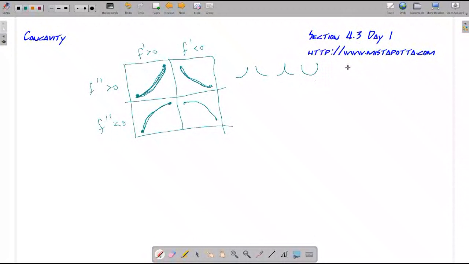And so we call this concave up, because each of these graphs appear to be opening in an upwards type direction. But if the second derivative is negative, then my graphs are going to look like this, or like this, or like this, or like this.